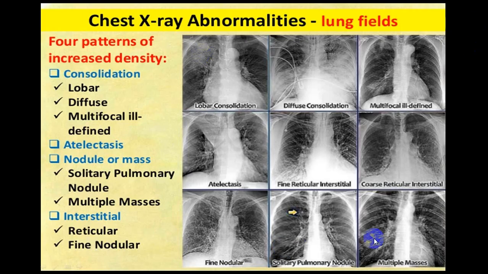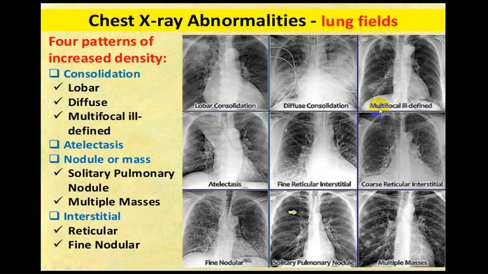So these are a lot of conditions which can produce opacity in the lung and will produce silhouette sign. This is lobar pneumonia. This is bilateral consolidation. This is collapse. This is fine nodulous shadows. This is reticular interstitial, reticular shadows.